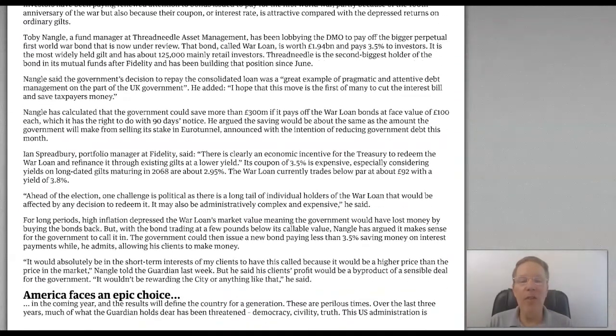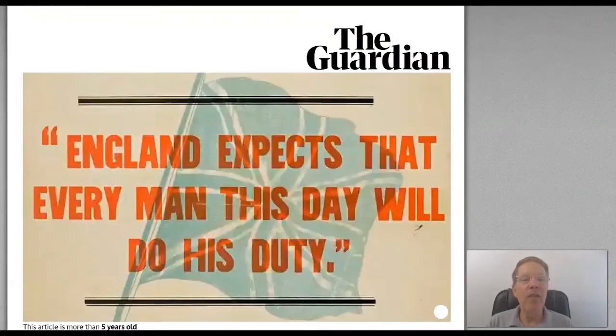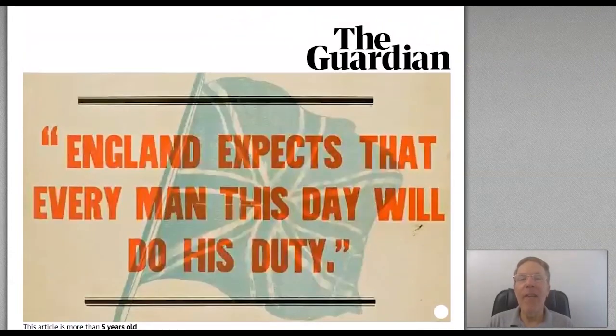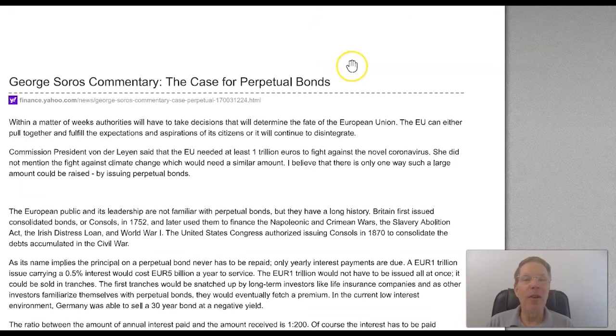I have an article from The Guardian on when some of these were issued, and some of them had a call feature. They were going to go on into perpetuity unless the government called them. Called means the government can put a maturity time on them when they want to. Some of them from the 18th century are just now being called, which is pretty interesting. And then we have an interesting article from George Soros on the case for perpetual bonds in today's economy, advocating that the EU issue some perpetual bonds.